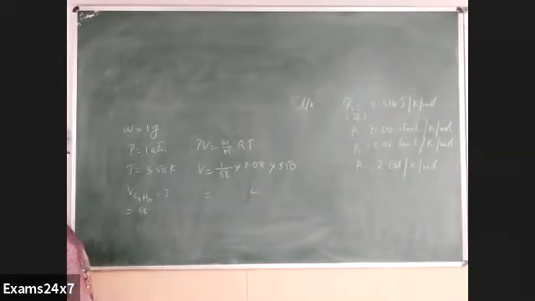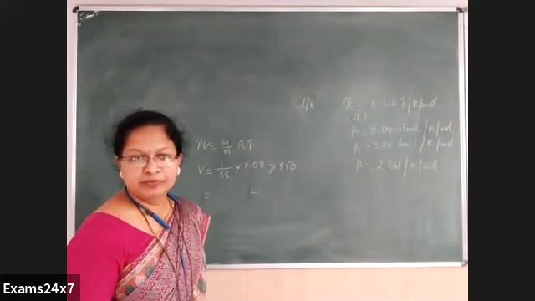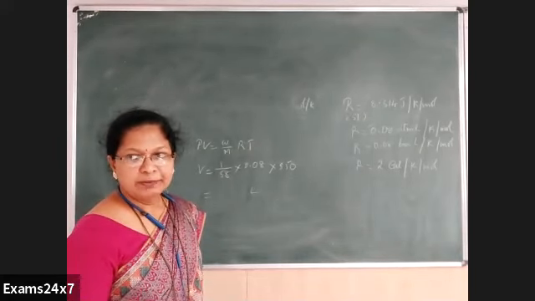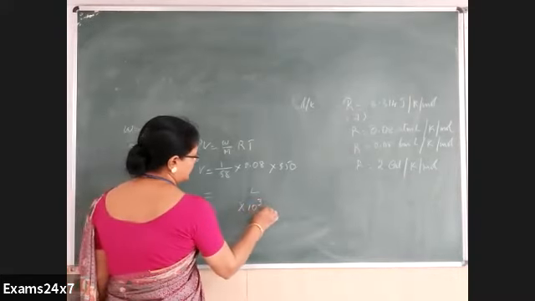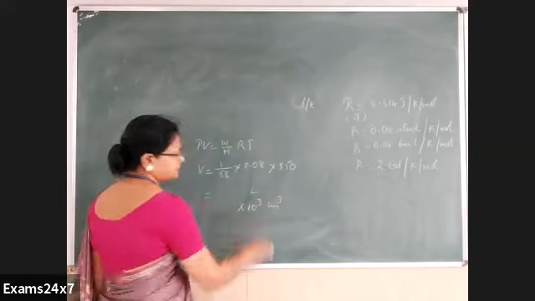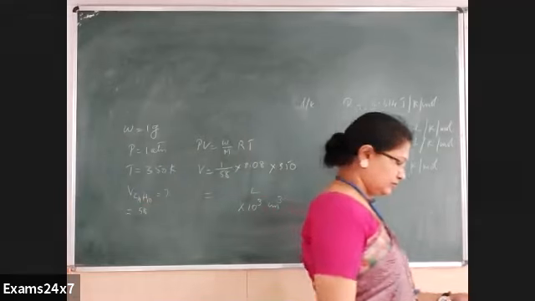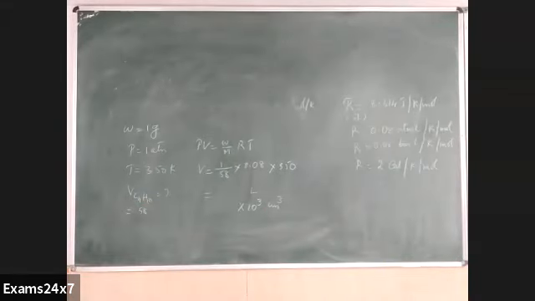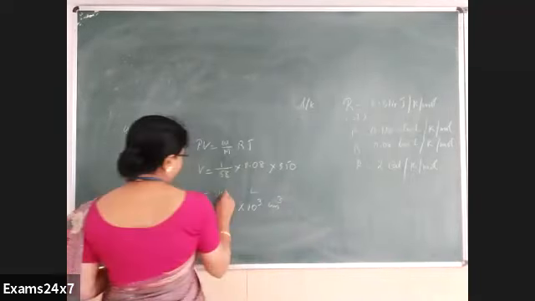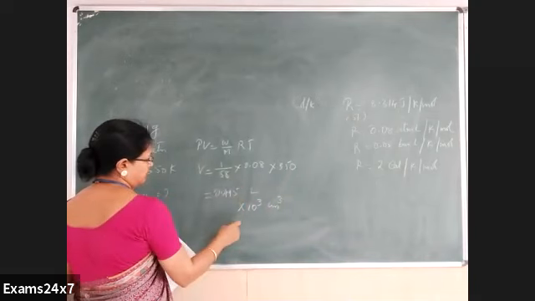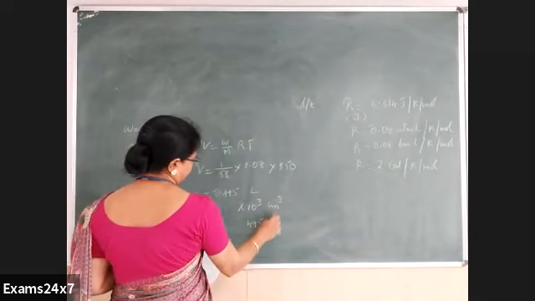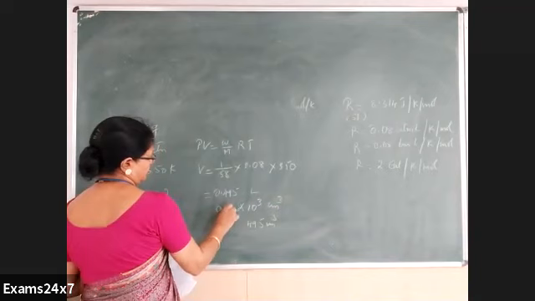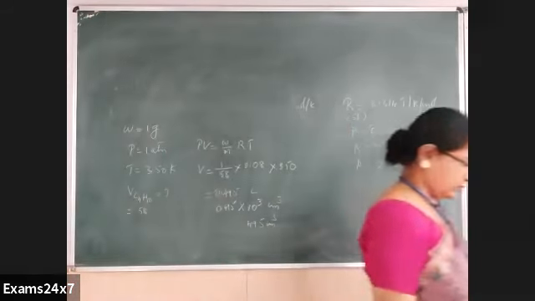How do you get it in centimeter cube? 1 liter is how many centimeter cube? Multiply by 10 raised to 3. Whatever answer you get, take 10 raised to 3 in centimeter cube. You find that. This will be 0.495. So this should be 495. Option A.